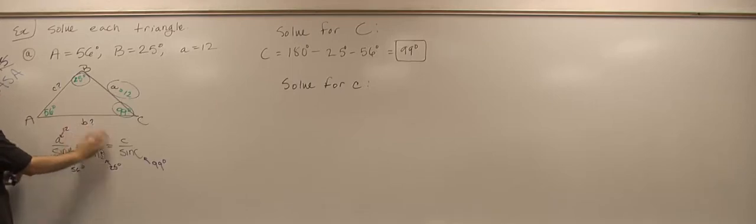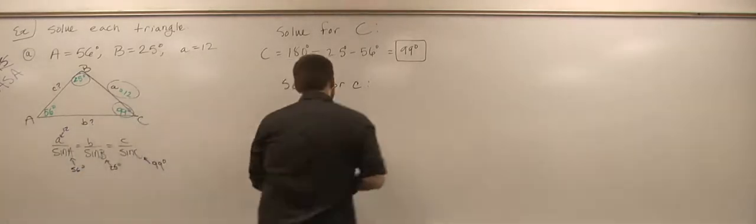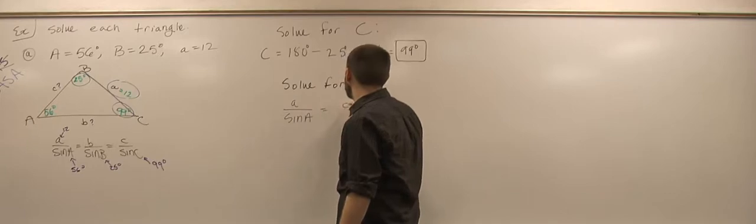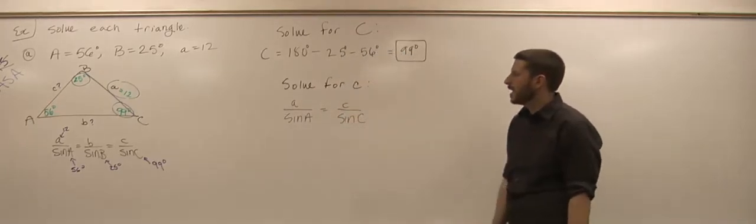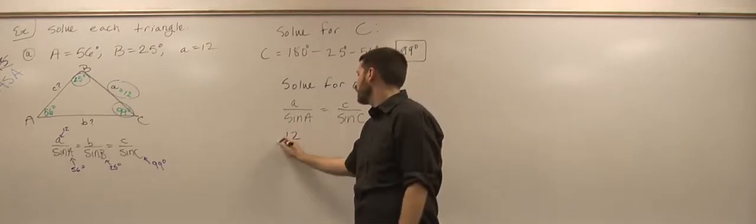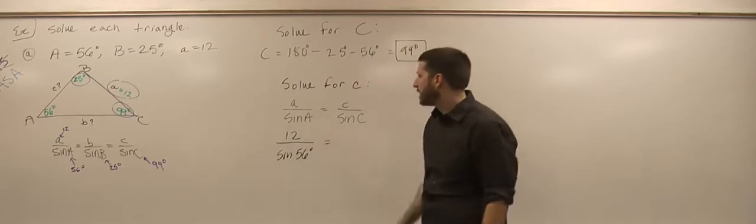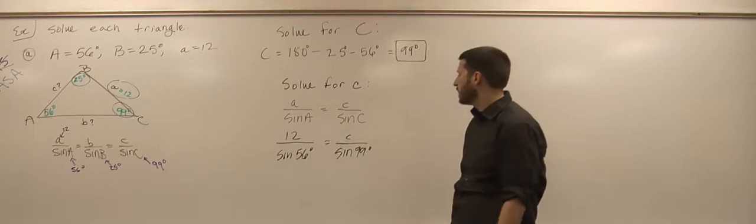Should I compare c over sine C to b over sine B? No, because I don't have enough information here. I'm missing two pieces. So instead, compare to a over sine A. So I will use this portion of the law of sines. I know little a is 12. I know big A is 56. I don't know little c. I know big C is 99. Fill it all in.